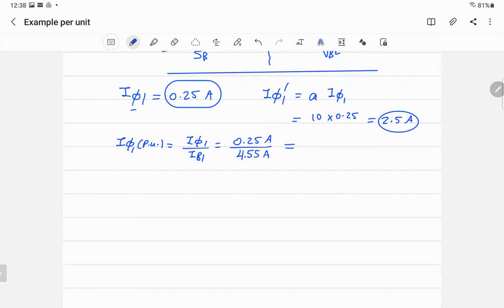What you'll get, 0.25 divided by 4.55 is equal to 0.055 per unit. It does not have a unit, per unit. If you wish, you can multiply by 100, say 5.5%, but this is the way that you deal with it.